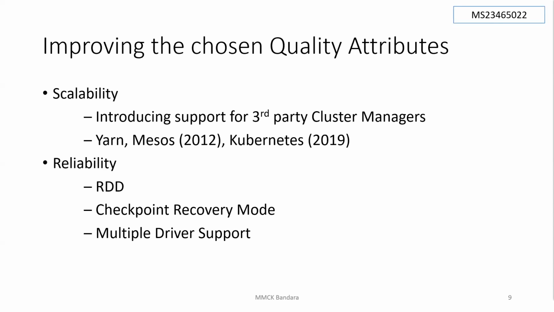Apache Spark introduced third-party cluster manager support, that is YARN, over the standalone cluster manager later, so it increased its performance and scalability. And recently it has also introduced Kubernetes.